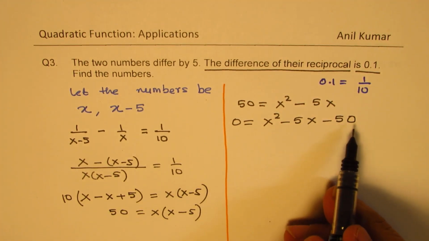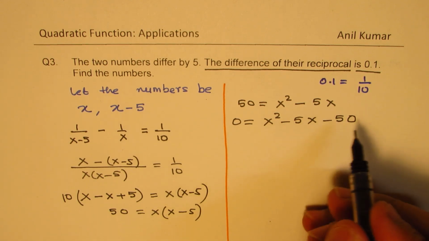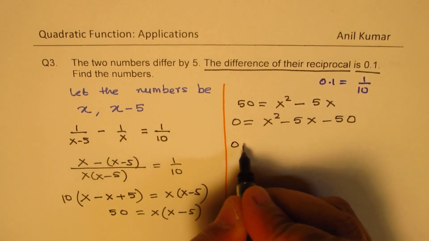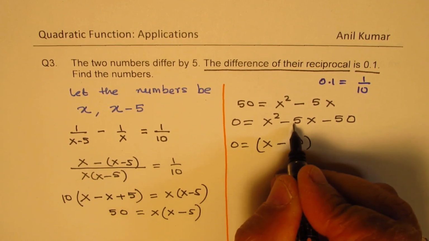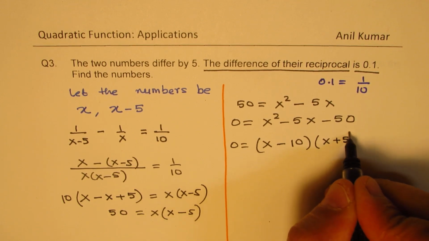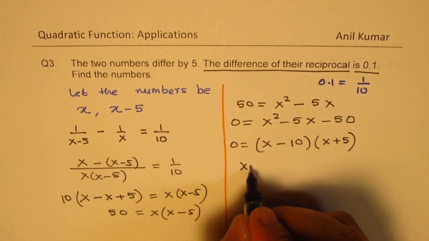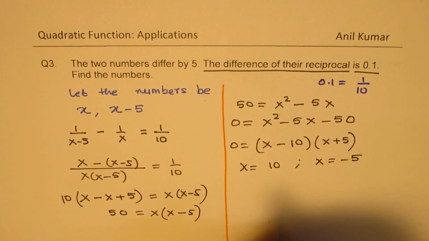So now we have to split 50 so that the difference between the two numbers is 5. So 10 and 5 can work. So we can write this as x minus 10, the bigger number because of minus 5, times x plus 5, correct? So that gives us the value of x equals 10 or x equals minus 5.